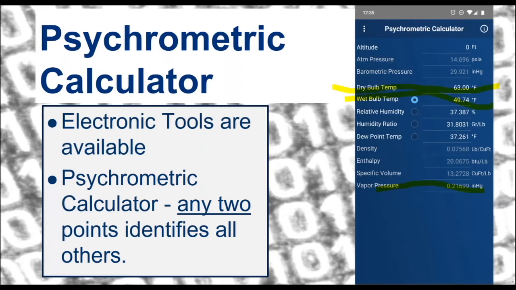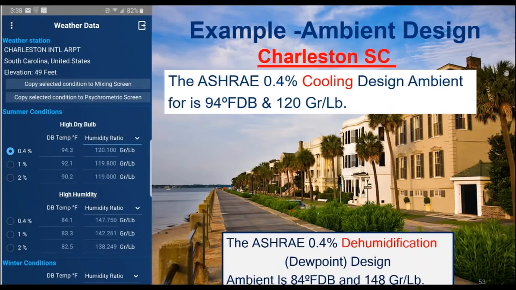We're going to be talking about some other software here in just a minute, but I want to differentiate between this one, which is a phone app and has the psychrometric calculator on it, as well as the ambient outdoor conditions from the ASHRAE database.